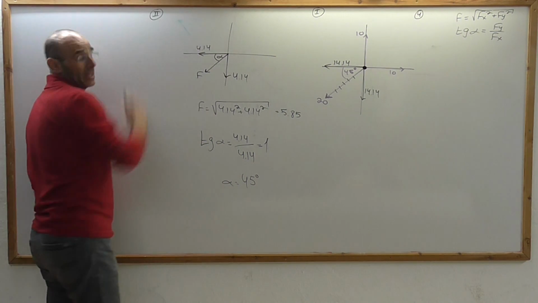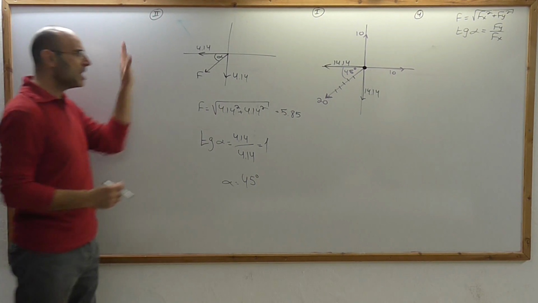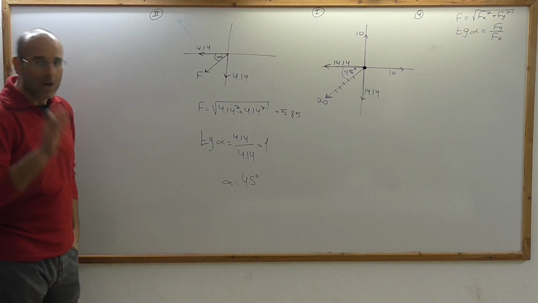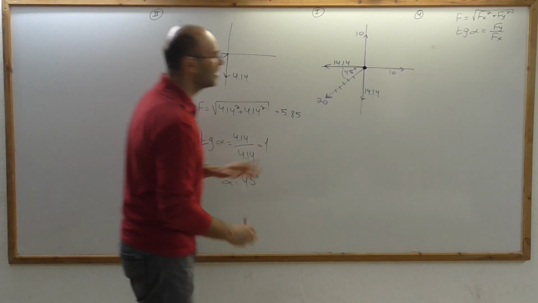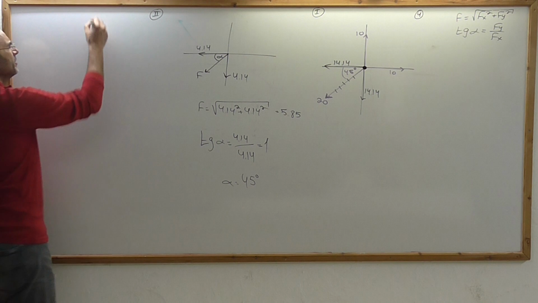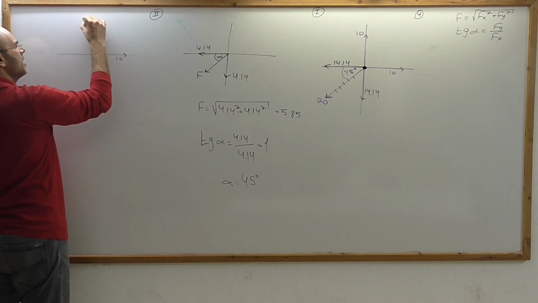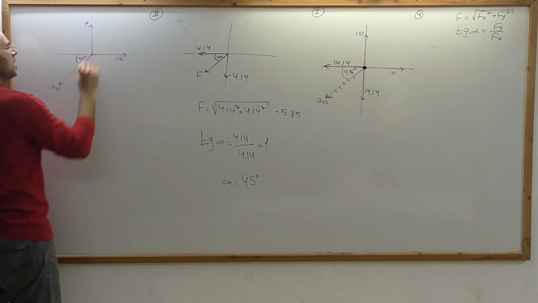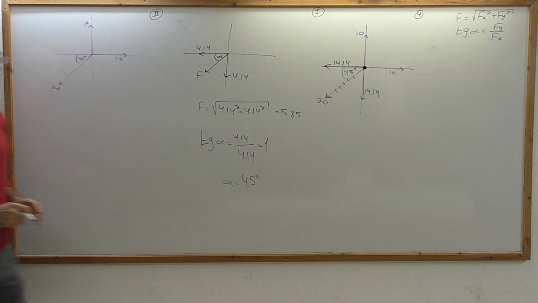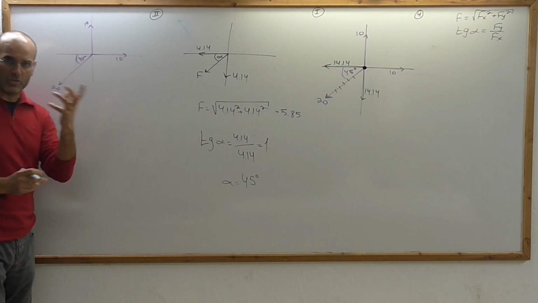Let's do it another way. There are 3 ways we can do it. I'll show you another way also. Okay, let's do second way. Second way, I'll do it again. I had a 10 here, a 10 there, and a 20 here. It worked 45. Second way to do this exercise, we know it's a symmetrical problem.